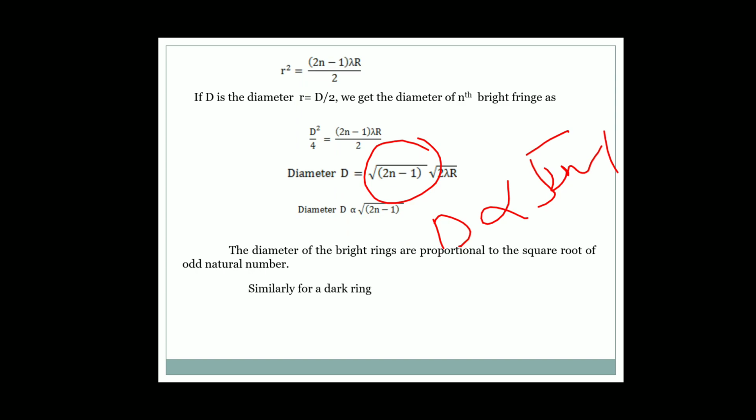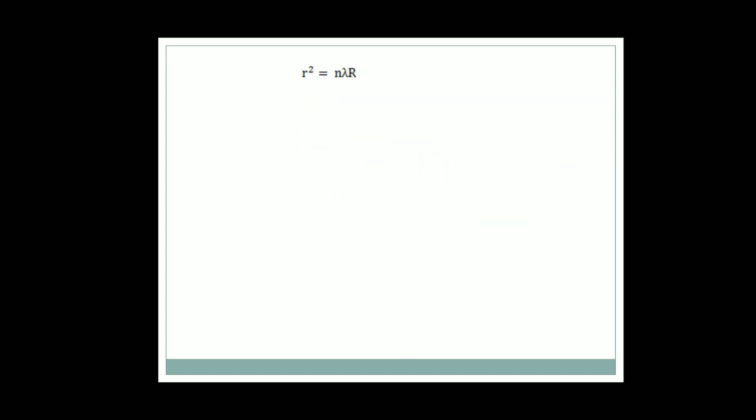Similarly, for a dark fringe, we know that 2μt, that is 2t, which is 2 into r squared by 2R, is equal to nλ. For that, r squared is equal to nλR. Similarly, r is equal to D/2, so that D squared by 4 is equal to nλR, that is D squared is equal to 4nλR.